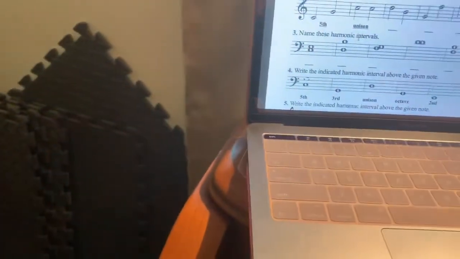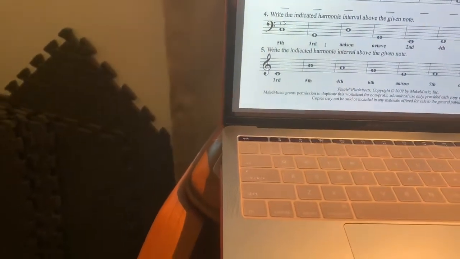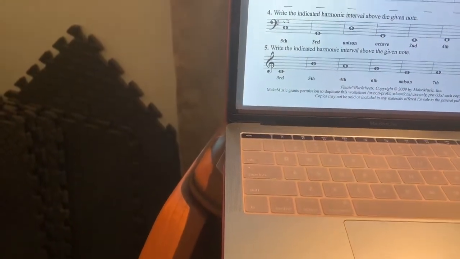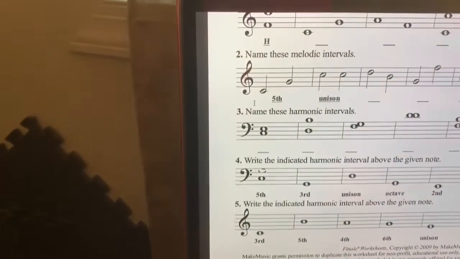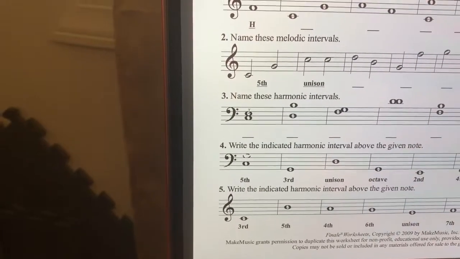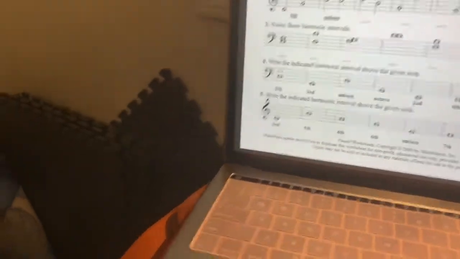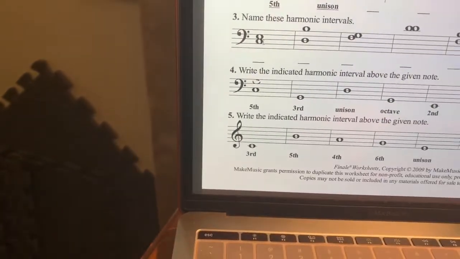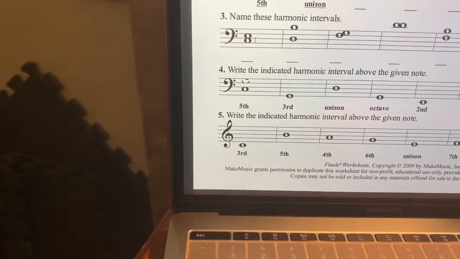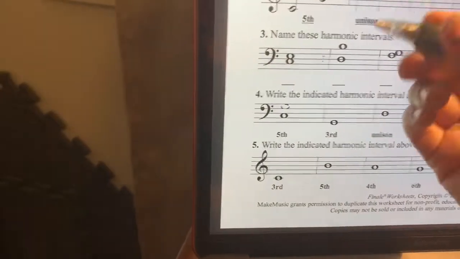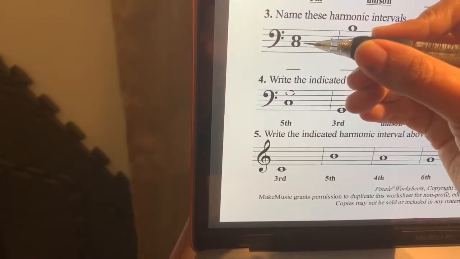So I did a few of them for you. Now this is the same idea, except they're on top of each other for number 3. Name the harmonic intervals. So if it's easier for you, you can always write them out and put them next to each other. For me right now, I'm going to count them right as they are.